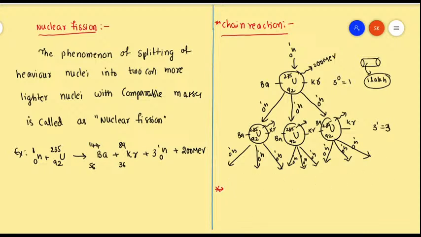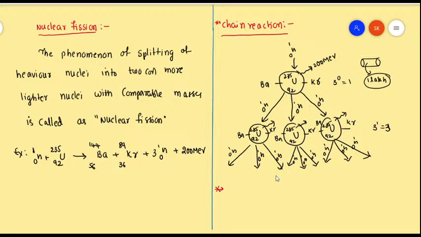Like this the number of neutrons and the fission rate keep increasing. That's why it will become an uncontrolled chain reaction, and within a fraction of a second a large amount of energy is released, which causes the explosion.